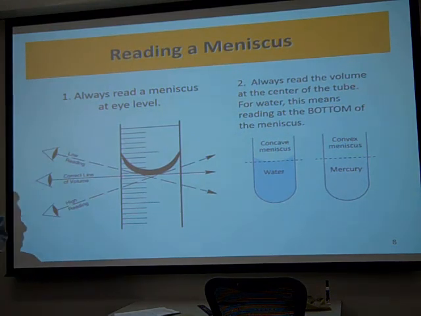Otherwise, the glass and the refraction will cause a distortion referred to as parallax errors. You might actually get a quiz question in your lab about parallax errors, but parallax errors are essentially errors that result from reading volume measurements too low or too high, and it ends up distorting what the value is.